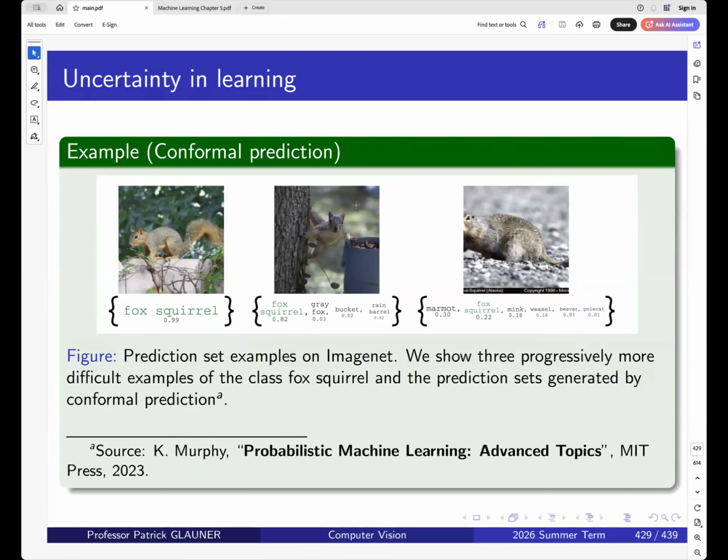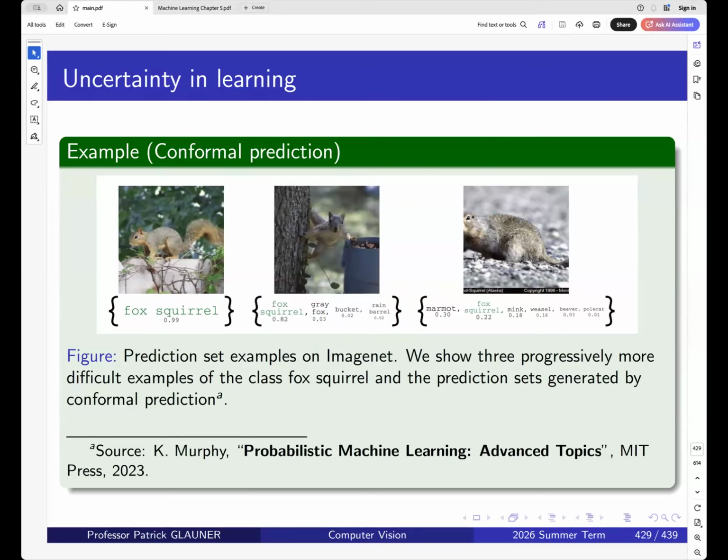If we take more complex images like this one here, fox squirrel, and fox squirrel is in green because it's the right prediction or the ground truth, we have a softmax score of 0.82, yet for the threshold we set, so the confidence threshold, we would get 3 other classes like Cray Fox, Bucket, and Rain Barrel that are still in the prediction set.